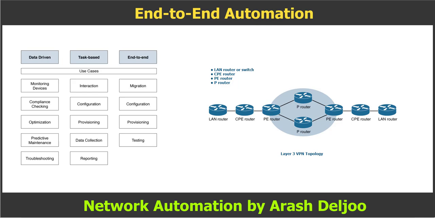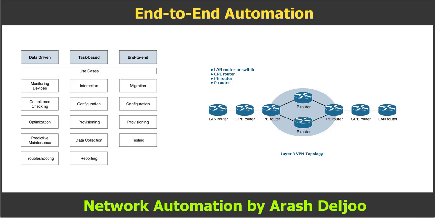It is called end-to-end because its goal is to automate a flow from a service perspective. The majority of the time, your needs will fall within this category because data-driven and task-based automation are the building blocks for an end-to-end flow. You do need to understand those types as well.